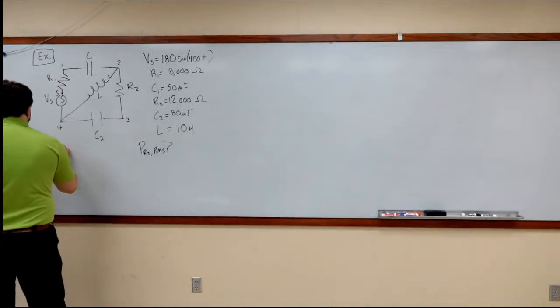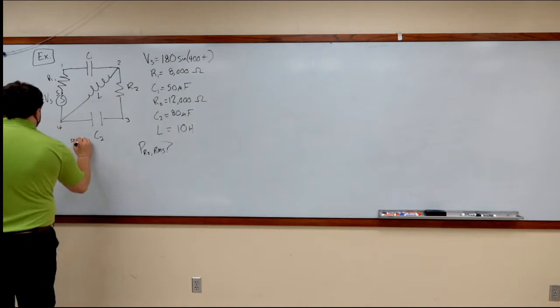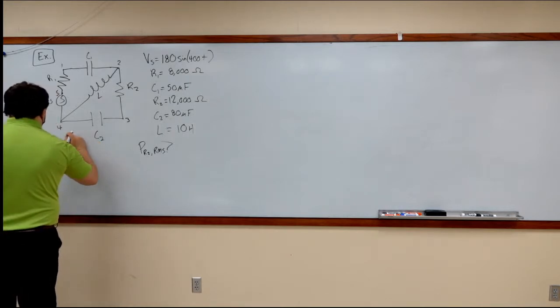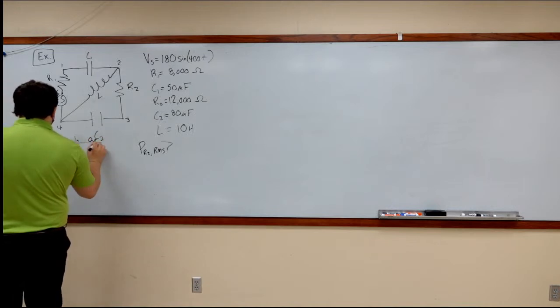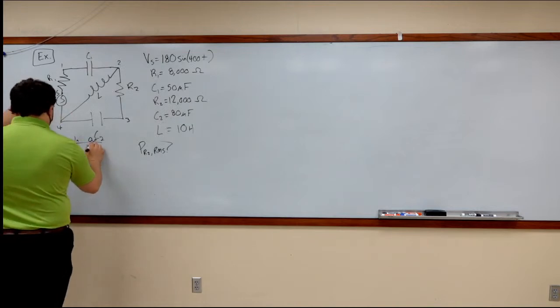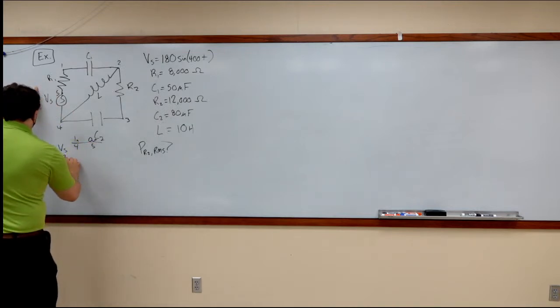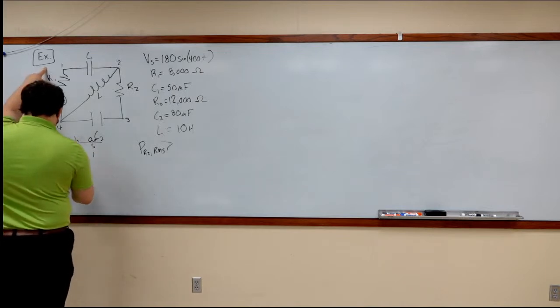So we know that for Vs, the input node is 4. The output node of Vs is 5. For R1, the input node is 5. The output is 1.